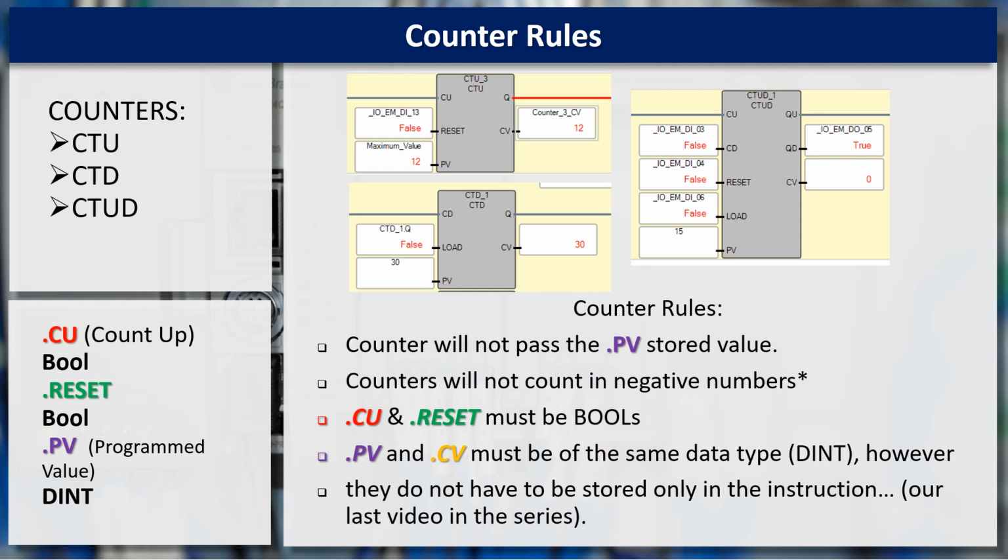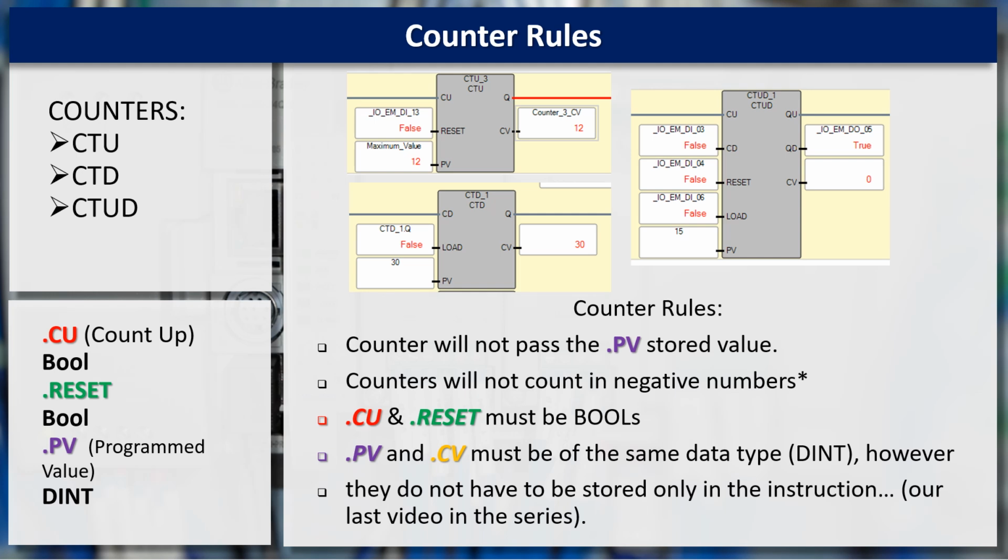Once the Q is set, no more counting occurs. Second of all, counters will not count in negative numbers. You can insert a negative value for a countdown counter to count to, but the software and the PLC will stop counting at 0. So you can't actually count negative numbers.